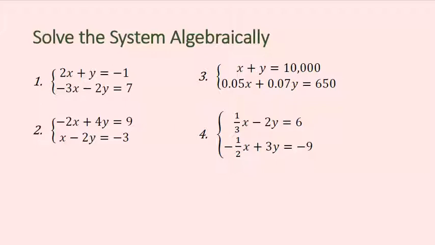If you use elimination, do you eliminate the x, do you eliminate the y? If you see fractions or decimals, do you decide to clear them out or do you decide to work with them? So all of those choices could change the order or the path that you use to get from the system to the solution. But no matter which path you take, you should eventually arrive at the same solution as anybody else, whichever path they chose.